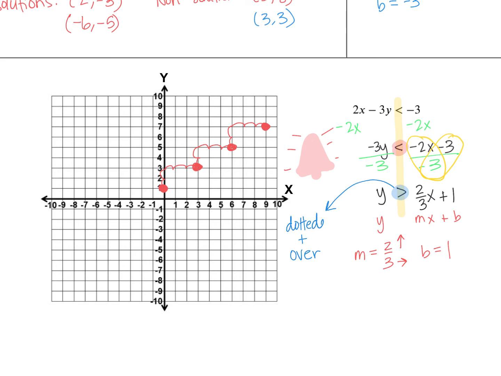So it's dotted and over. As I go through these points, I'm going to make a dotted line, just like that. And then because it's greater than as well, I'm going to shade above the line.